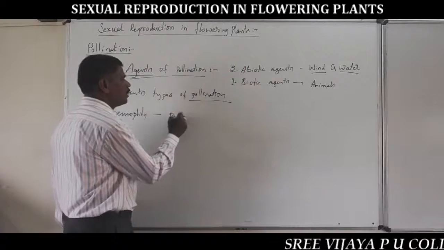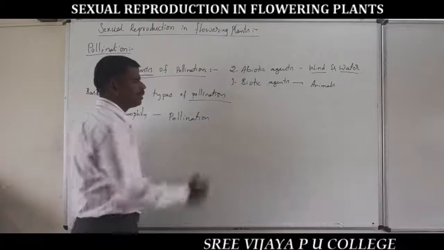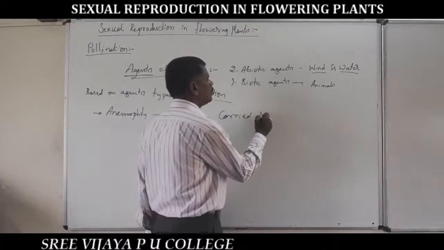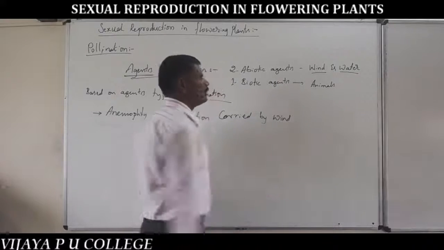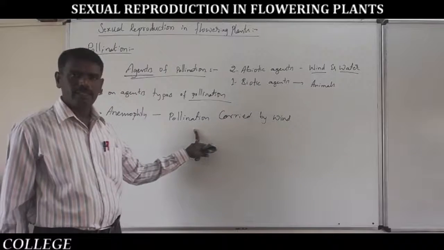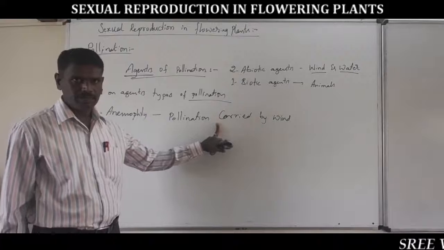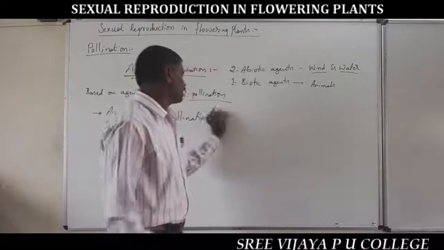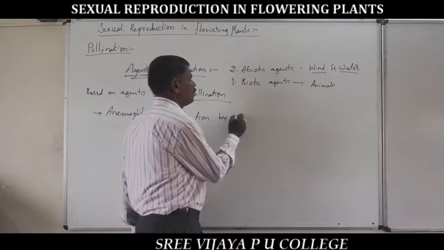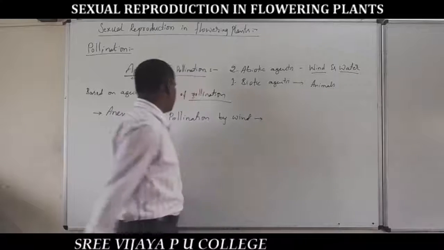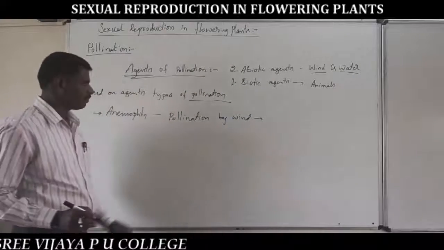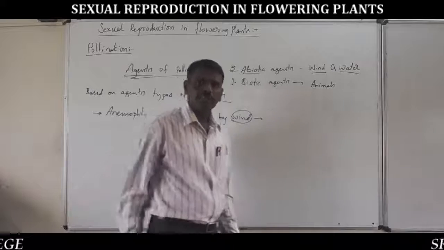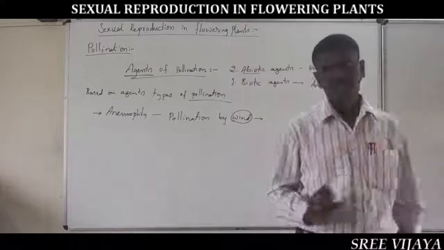Anemophily is pollination carried by wind, that is, the pollen grains carried by wind. Pollination by wind is called anemophily. So wind is an abiotic agent.